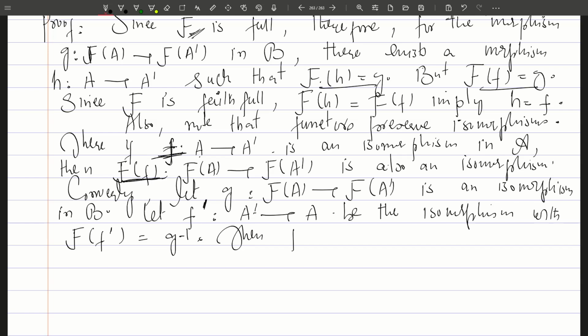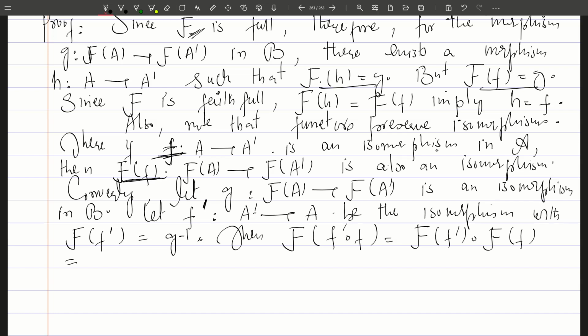So then let us look at the functor F. So F of f prime composite f. One should note that a functor preserves composition. So this is equal to F of f prime composed with F of f.